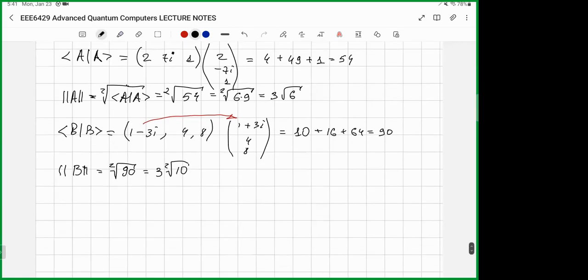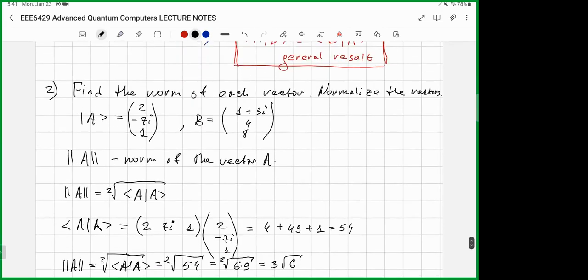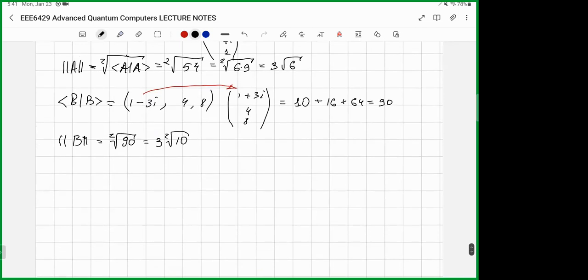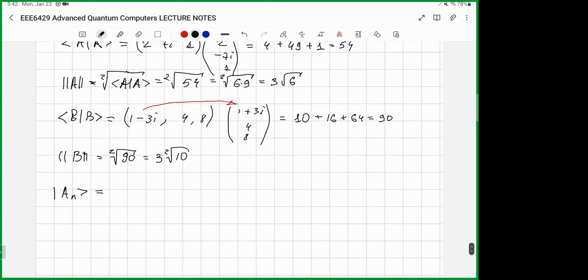Okay, so now the problem asks us to normalize the vectors. How do we normalize the vectors? Let's denote the normalized vector a by n. Basically we need to divide the vector by its norm, right?